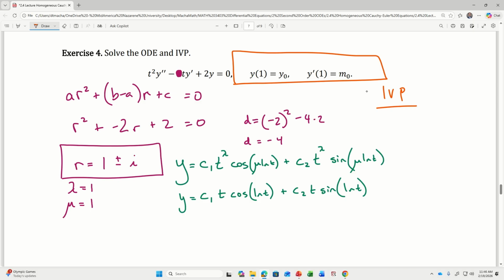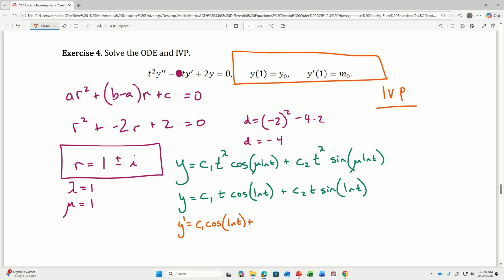In the initial value problem, I'm going to have to eventually take this derivative, so let's just go ahead and do it. In the derivative, I'm going to have c1 cosine natural log t plus... I'm thinking derivative product rule on this first term.